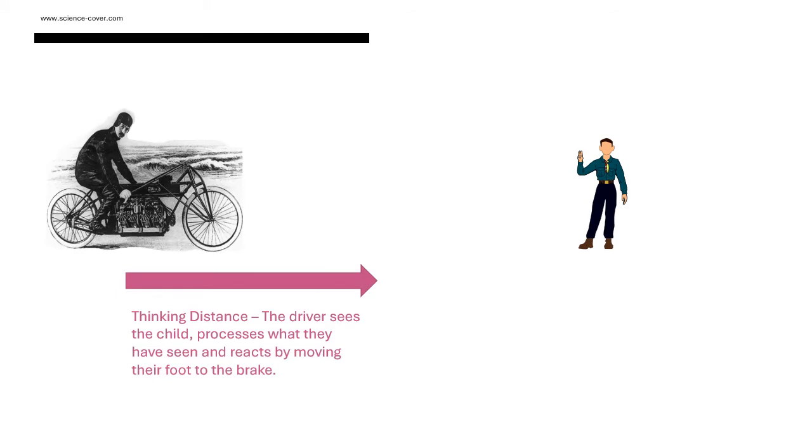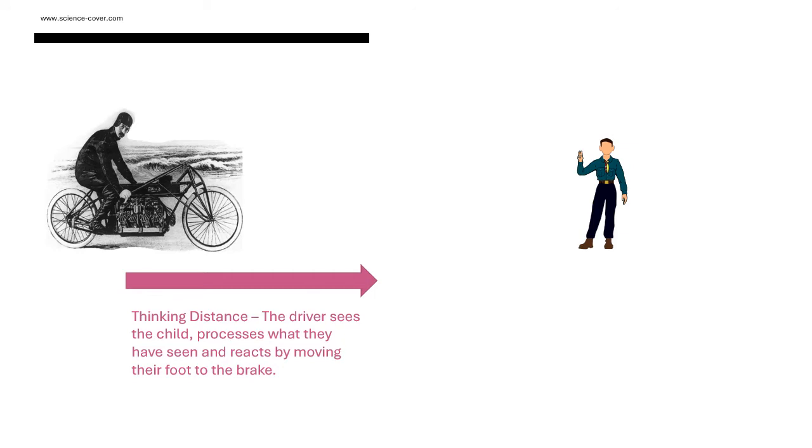To show how this works, imagine that we have a cyclist and that a child runs out in front of this cyclist. It will take time for the driver to see the child, process what they have seen, and react by moving their foot to the brake. The distance that the bike travels during this time is known as the thinking distance.